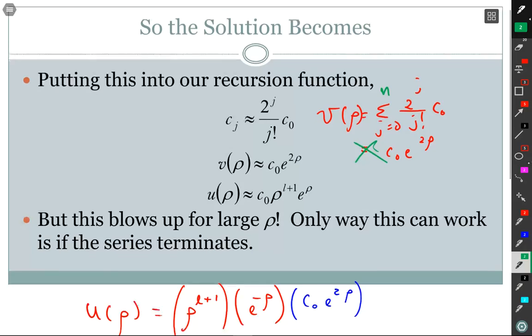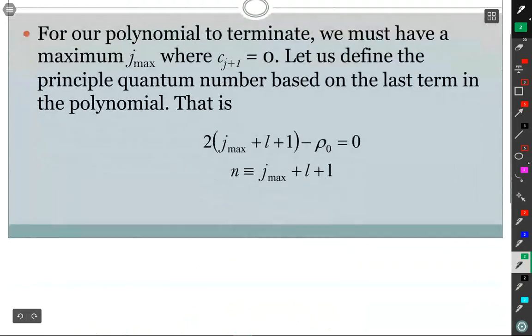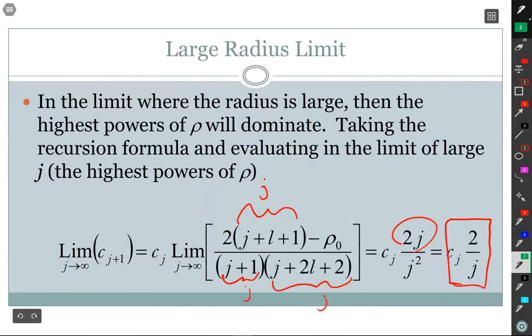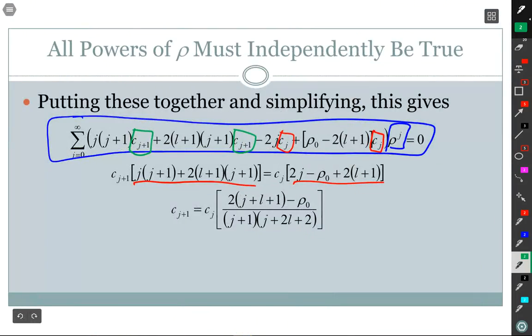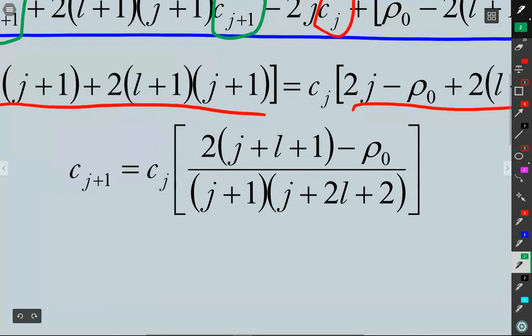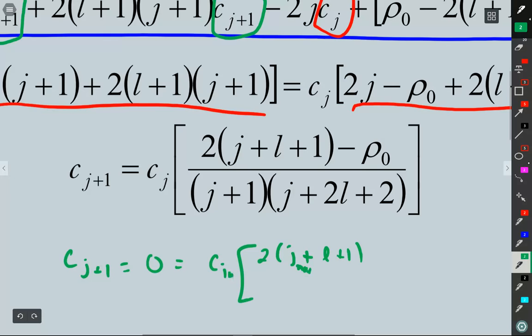So it must truncate. And so that's where we define, okay, if it's going to truncate, now let's go back to our recursion relation. Our recursion relation was that C sub j plus 1 equals C sub j times this stuff in brackets. So if it ends, C sub j plus 1 equals 0 equals C sub j times, and I'm going to put a max here.